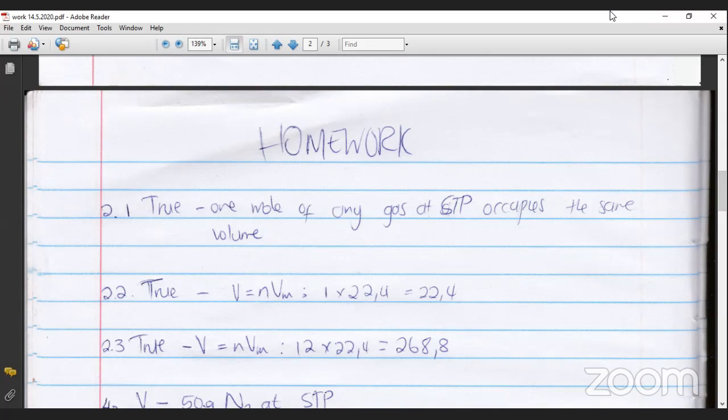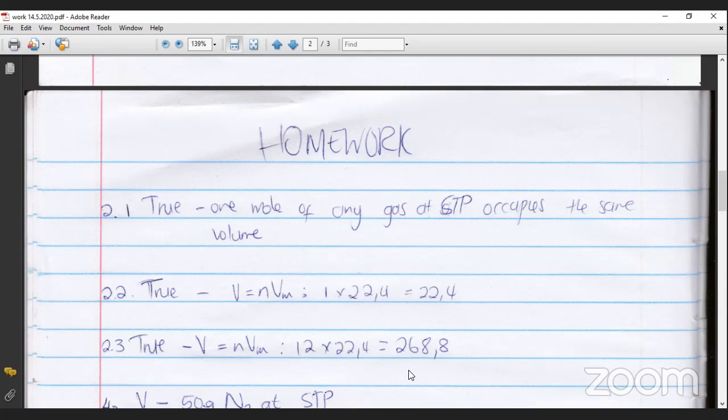And then on 2.2, they say 1 mole of water in the gas phase occupies a volume of 22.4 dm cubed at standard temperature and pressure. This one is true, and you can check it by actually doing the problem: volume is equal to number of moles times the molar volume at STP, which is 22.4, and that would give us 22.4.